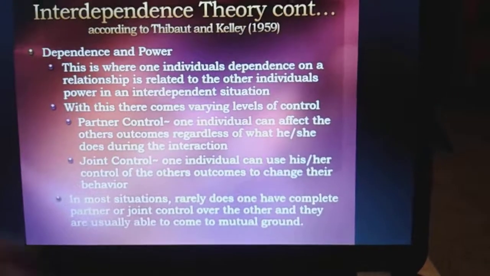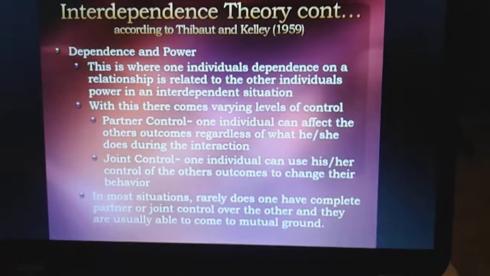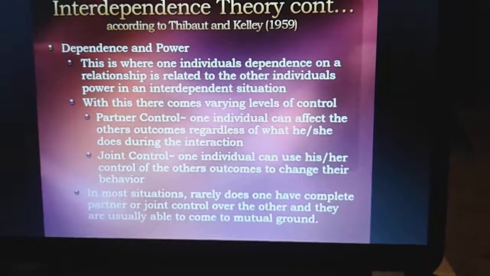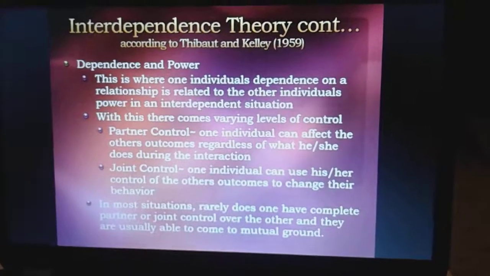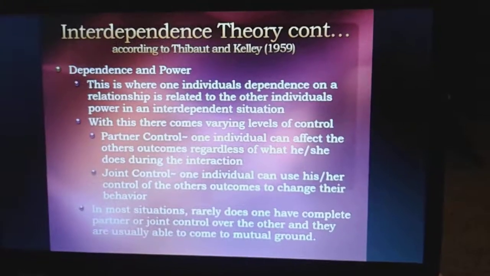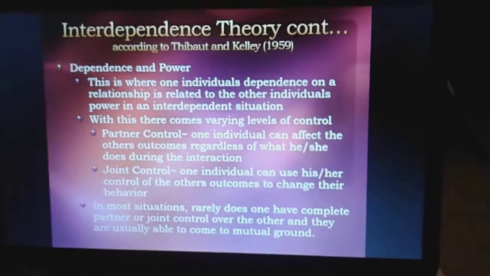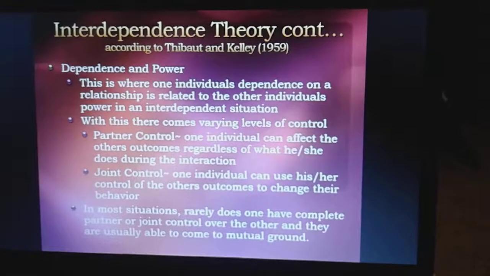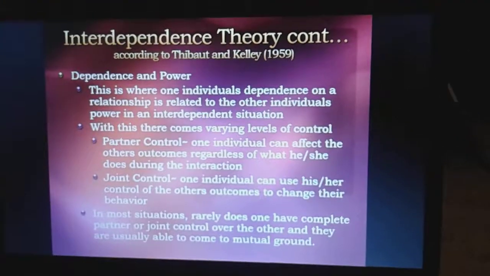And then there's joint control. This is where one individual can use his or her control of the other's outcomes to change their behavior. In most situations, rarely does one have complete partner or joint control over the other. They are usually able to come to mutual ground, and then we'll find mutual partner control or mutual joint control.